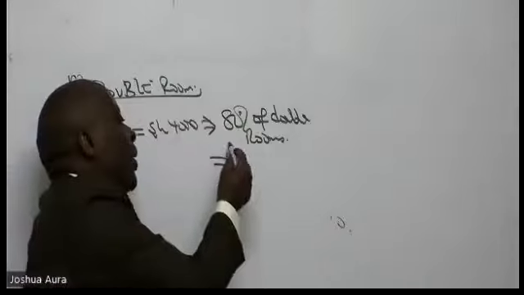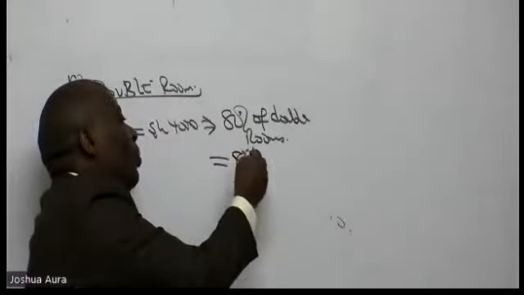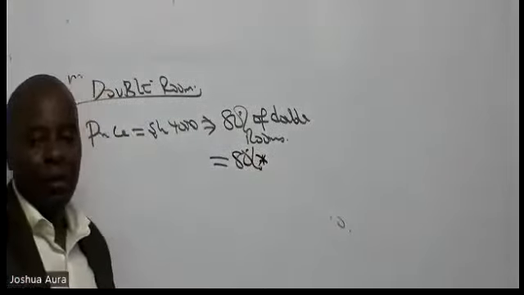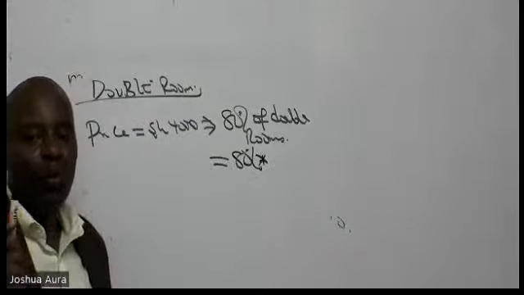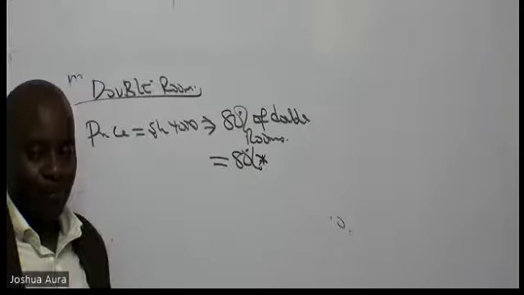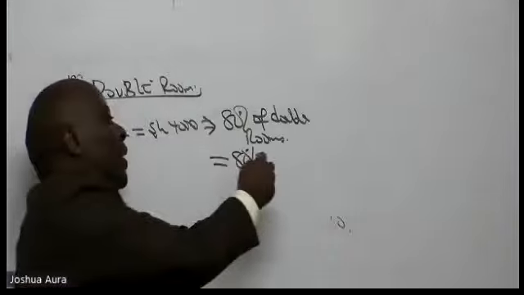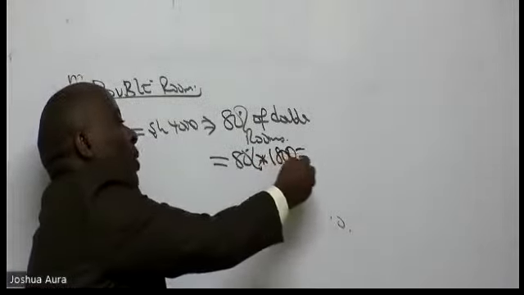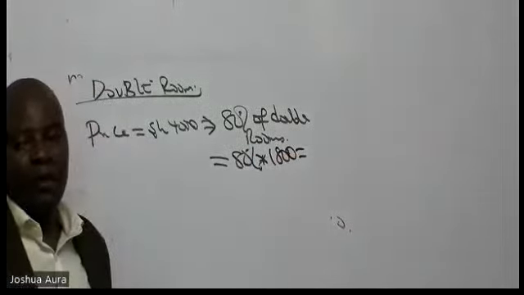So remember up there, you had given me the double rooms that are available. Is there somebody who is able to remind us of the number of double rooms that we have from the working we did up there? 1,800. So 80% of 1,800 gives me how much?